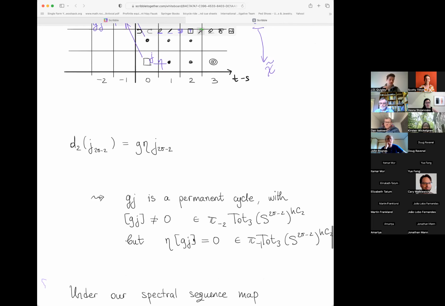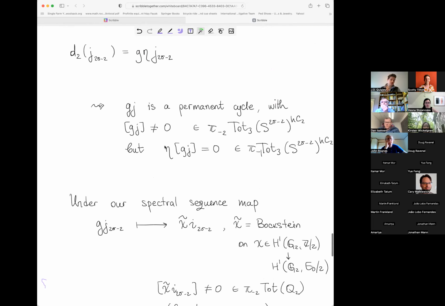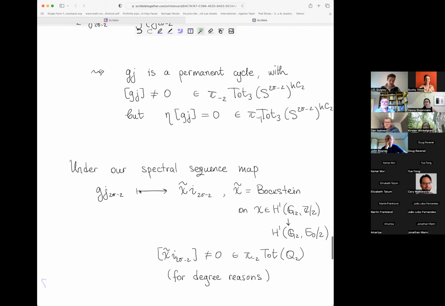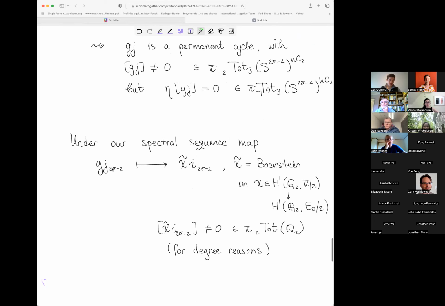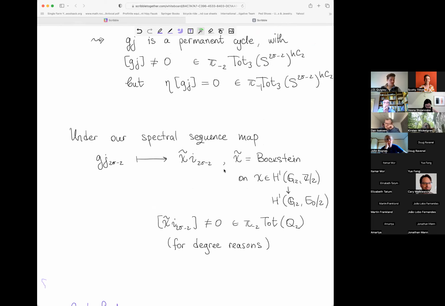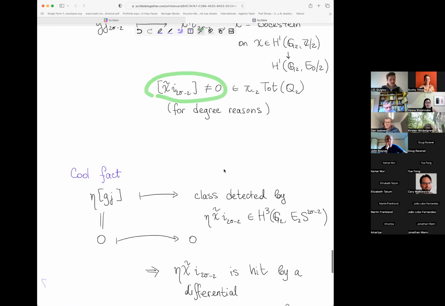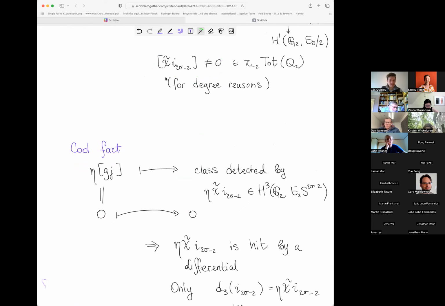But that specific class is non-zero in these homotopy groups. Now we study what happens in a map of spectral sequences. It gets sent to chi tilde times the fundamental class, and for the same kind of degree reasons, this class is non-zero. The cool thing is that it is detected by eta. So eta times GJ goes to something detected by eta chi tilde times the fundamental class in H3.